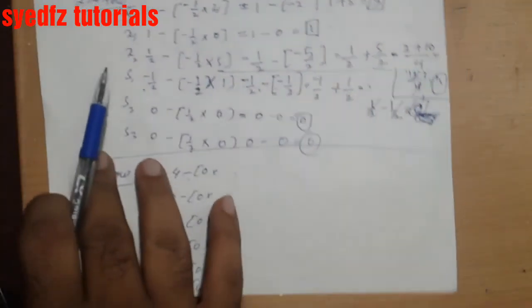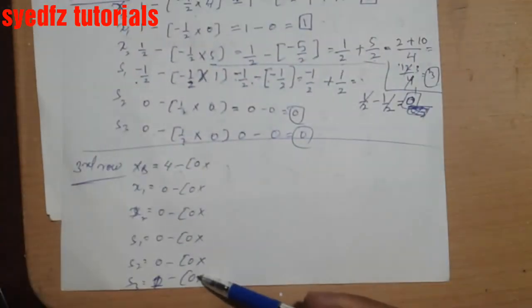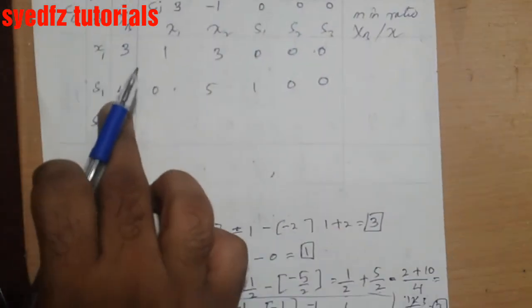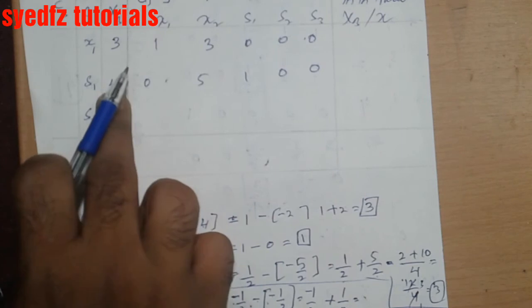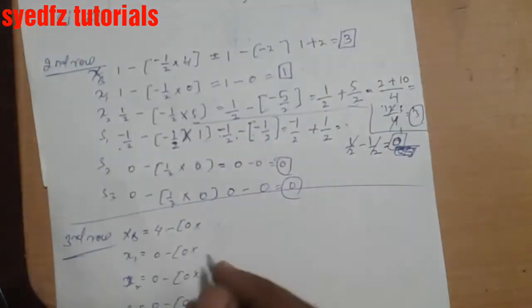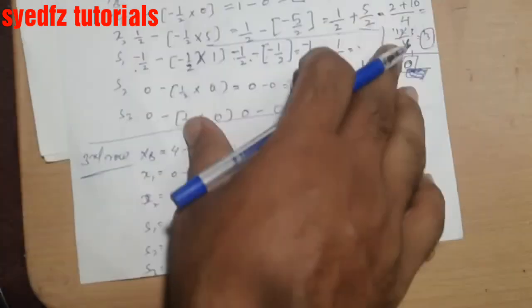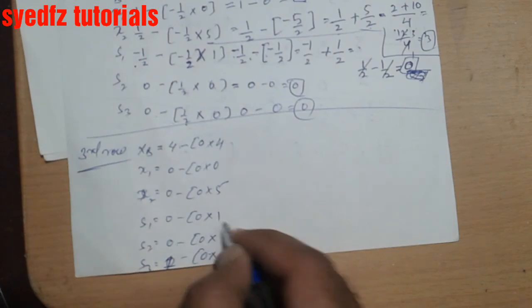That's why I have given the key value as 0, and this is the old value. For the new value we have to take from the table. What have we made? 4, 0, 5, 1, 0, 0.